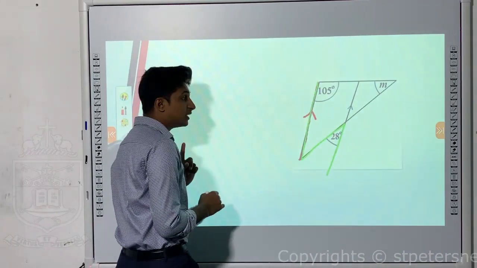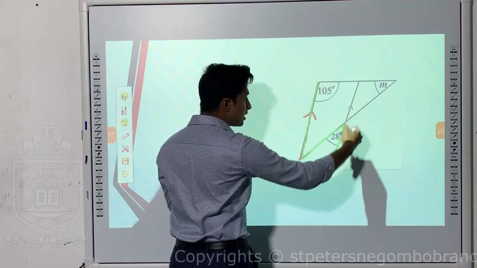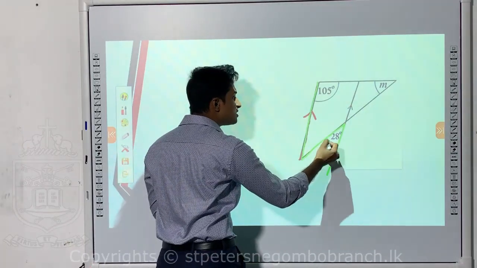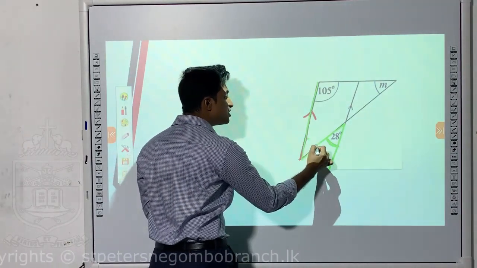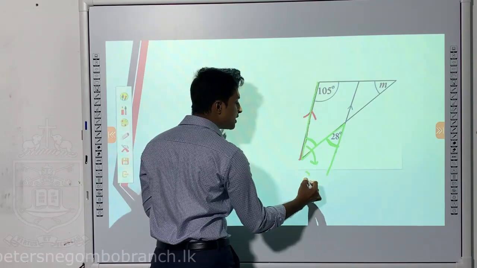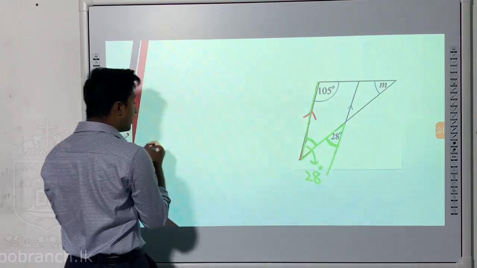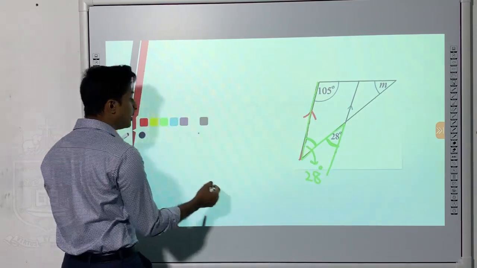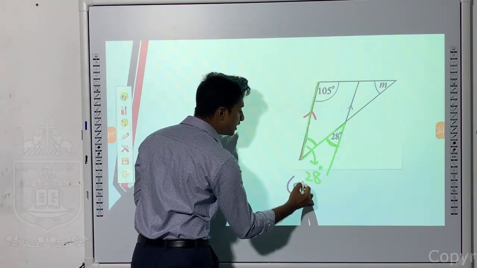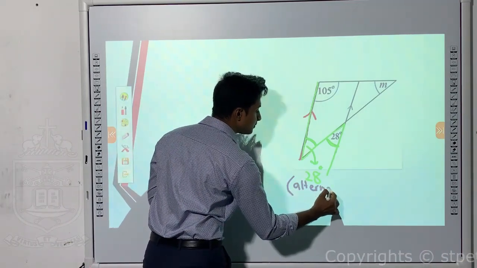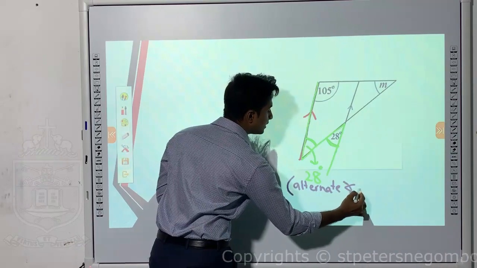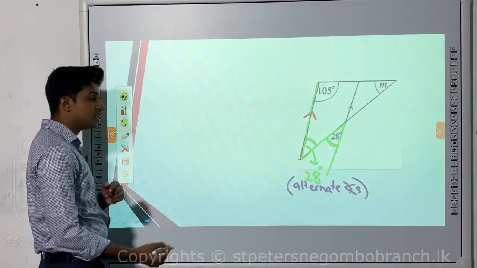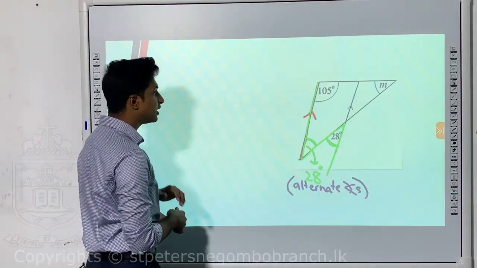Then, because these two lines are parallel, if this is 28, this is also 28. Why? What is the reason? Because of alternate angles. That is why. Okay, they are alternate angles.